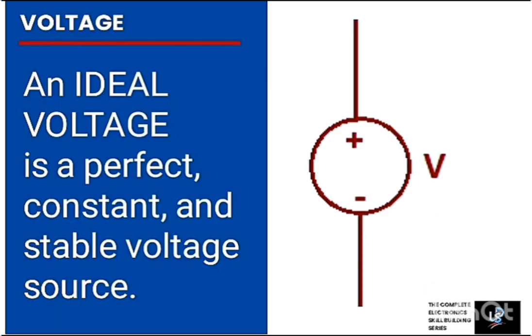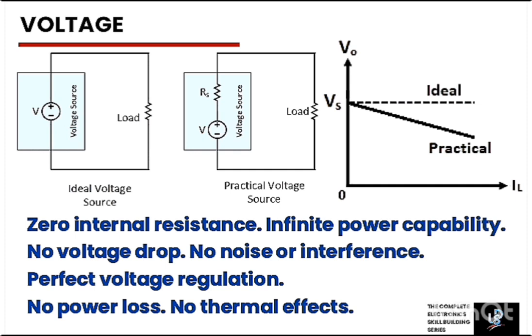This symbol here is used to represent an ideal voltage. An ideal voltage is a perfect, constant and stable voltage source. This voltage applies in theory and it maintains a constant voltage level and is also not affected by load changes. That is to say, the changes in load resistance will not change the voltage supplied.